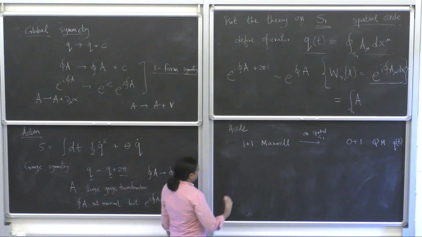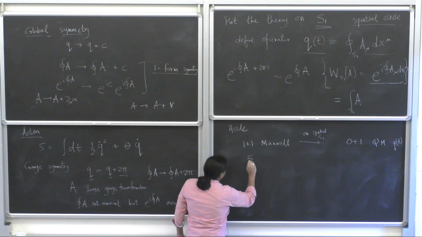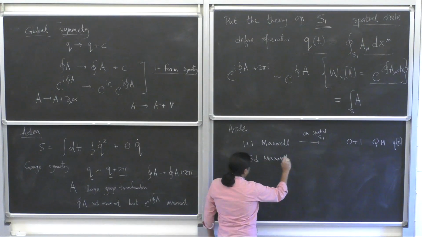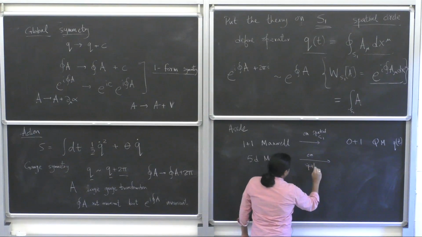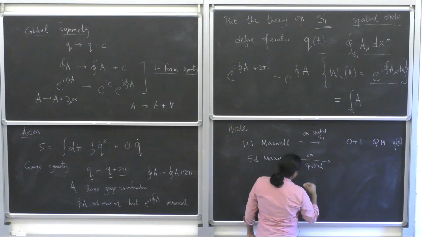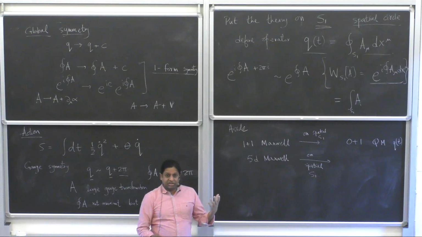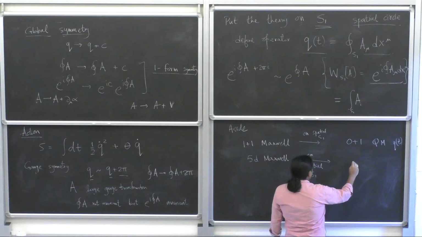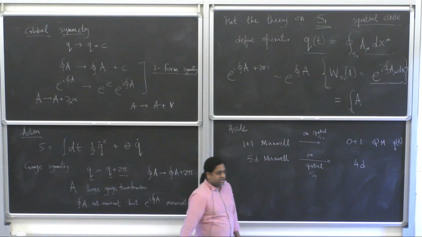We could do the same for other dimensionalities. So we could do a 5D Maxwell theory compactified on a spatial S1. You can imagine you have a 5-dimensional theory, and the 5th dimension is a small extra dimension compactified in a circle, and that gives us a 4-dimensional field theory instead of quantum mechanics.